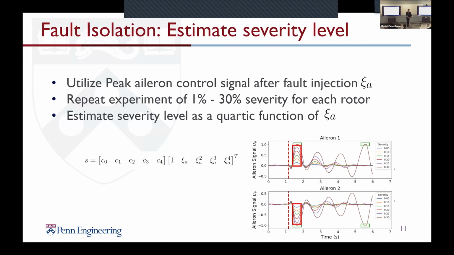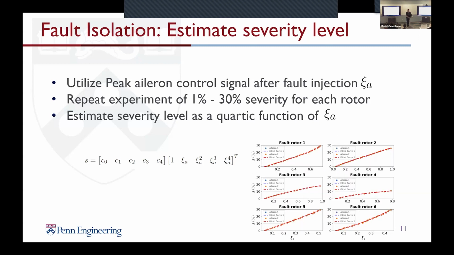When the bounded peak aileron control signal happens, it means the aileron can no longer max the force and will cause a crash in future flights. We repeat the experiments from 1% to 30% for each rotor, and we got the diagram on the right-hand side.